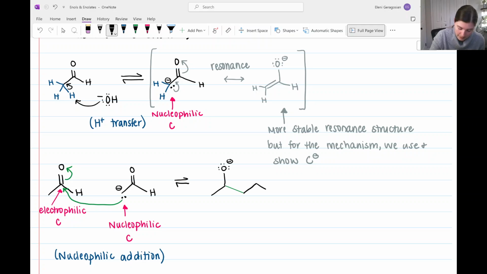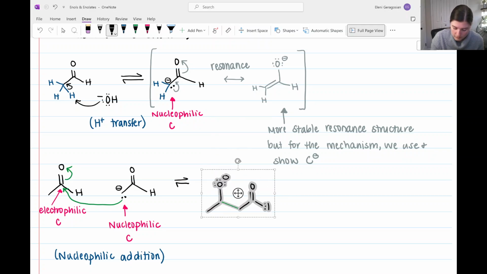And then that part of the molecule remains the same. We still have a hydrogen bonded to that carbon where we just added the new bond, and we have this new carbon-to-carbon bond here.